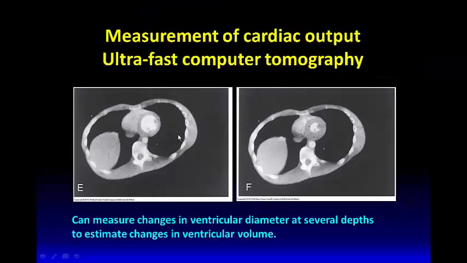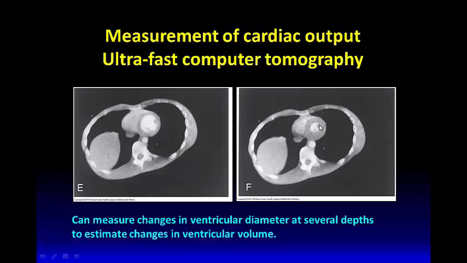We might also use ultra-fast computer tomography to measure the cardiac output. Again, ultra-fast computer tomography records the changes in ventricular dimensions during systole and diastole, but it records these dimensions more accurately than two-dimensional echocardiography.